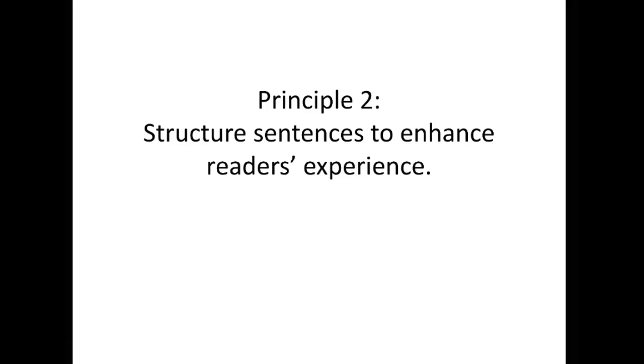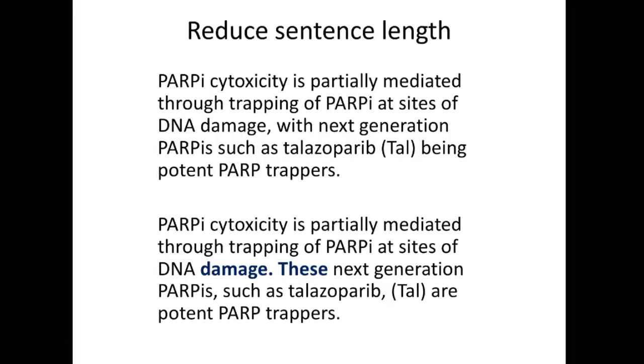So the first example you won't see on your handout. It's this first paragraph here. PARP cytotoxicity is partially mediated through trapping of PARP at sites of DNA damage, with next generation PARP such as talazoparib being potent PARP trappers.